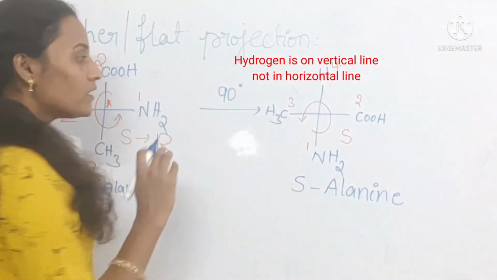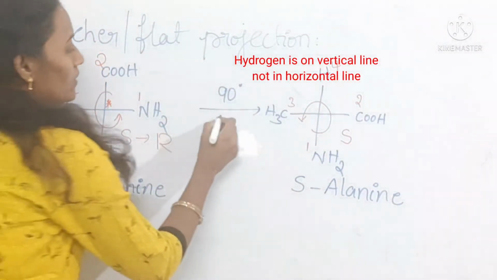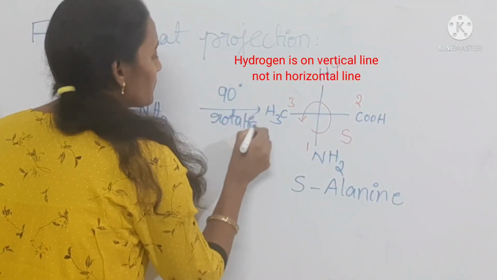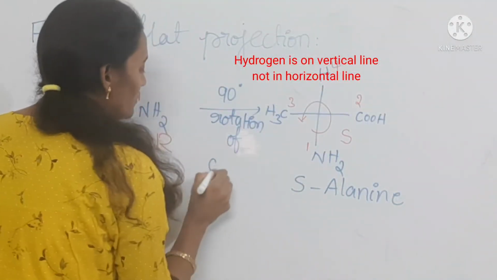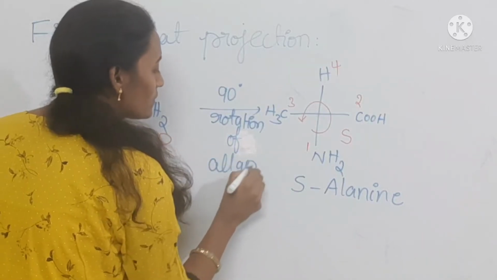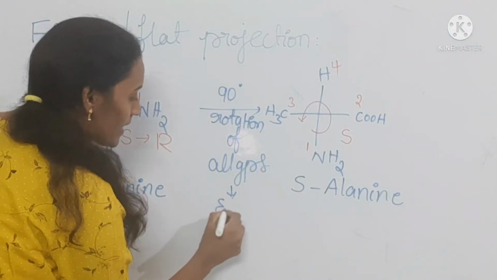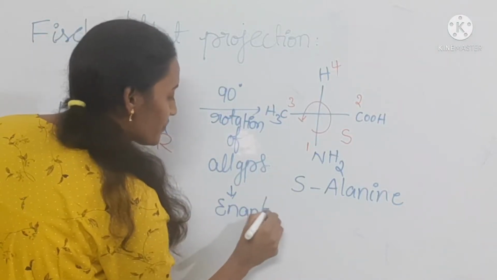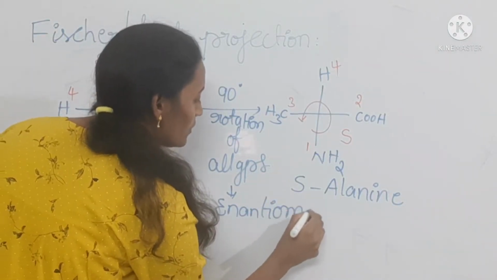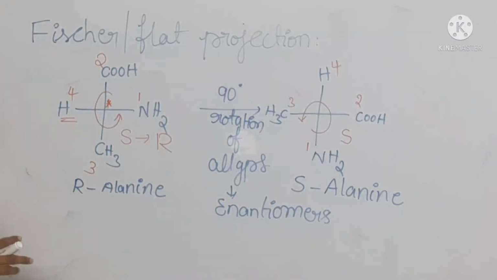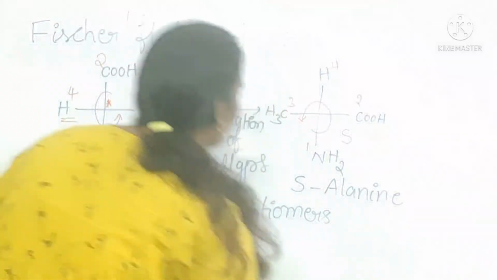By observing this, what have you concluded? By rotating all groups by 90 degrees, you will get enantiomers of that particular isomer. Okay, then coming to the next one.